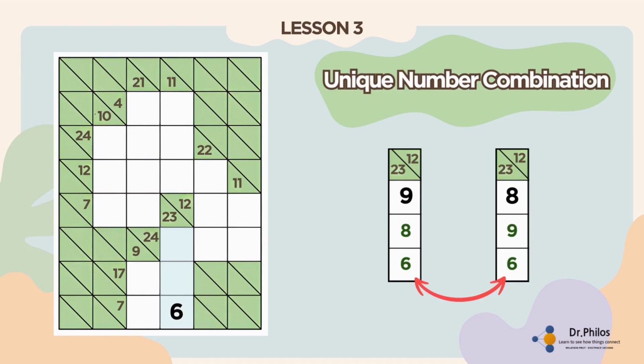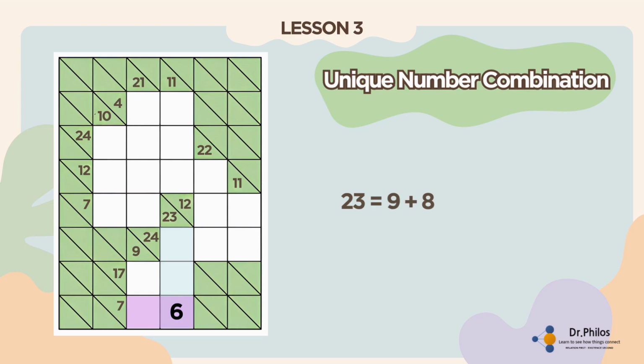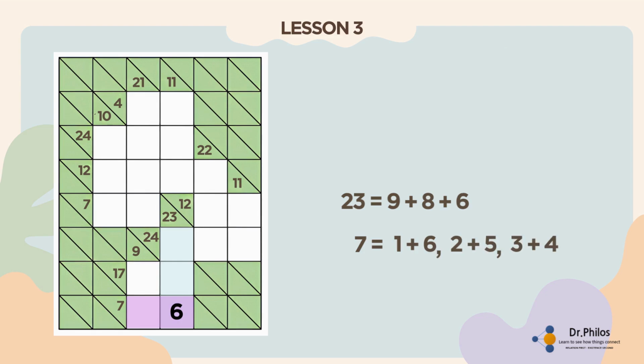8, 4 is influenced by the 23 line and the 7 line. 23 is a unique number combination, but 7 has a lot of choices, doesn't it? How many? There are 3 ways: 7 equals 1 plus 6, 2 plus 5, and 3 plus 4. I don't think I can figure out 8, 4 with this.